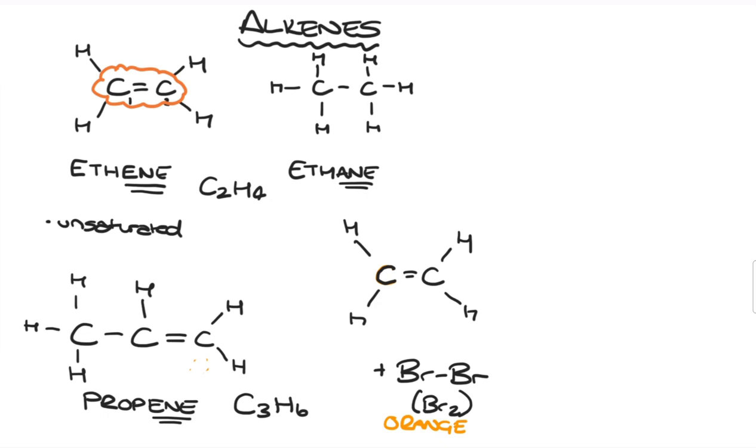And if we were to react the bromine with our alkene, in this example ethene, then as we said just earlier, it is possible for the double bond to react with another molecule.